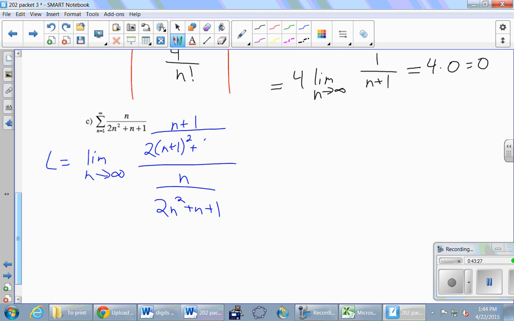Pretty much all the n's should get parentheses around them and become n plus 1s. I'm going to be a little bit lazy because there's a lot of writing here, so I'm going to cross this off and flip it upstairs. So what goes on top? And downstairs, n. Everybody okay with that? Just flip the bottom guy up.